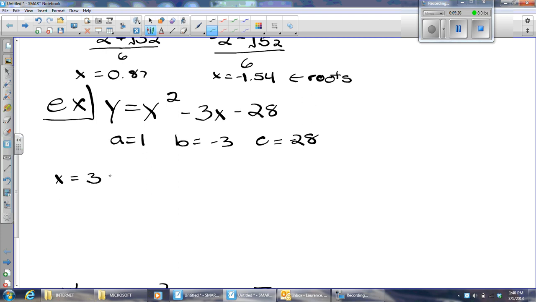So we're going to have 3 plus or minus the square root of -3 squared minus 4 times 1 times -28, all over 2. Well, it's supposed to be 2a, we'll put our 1 there.